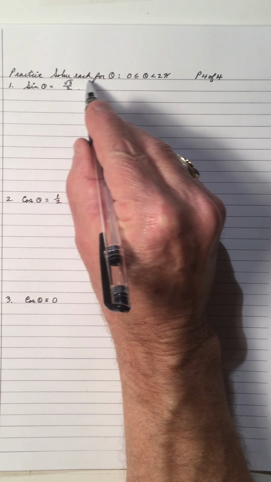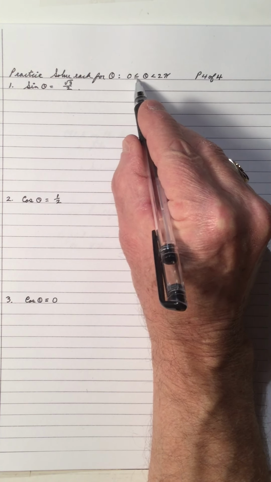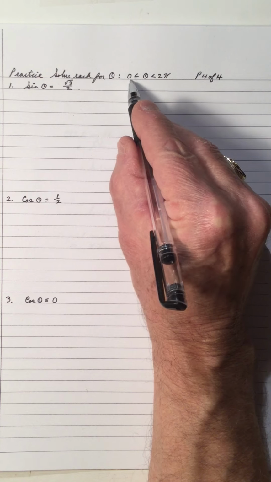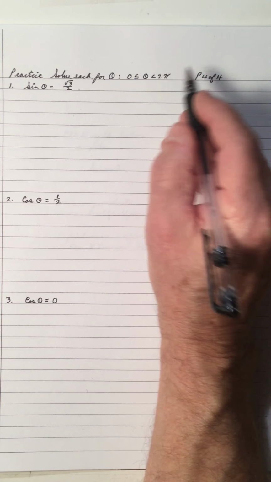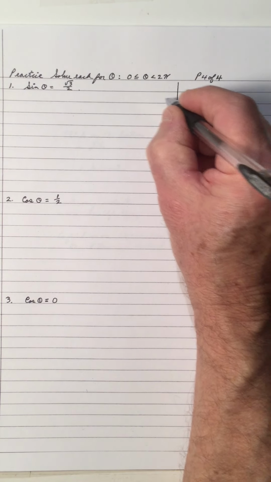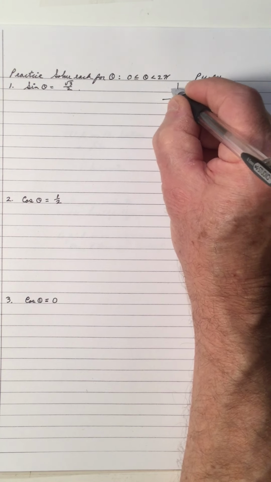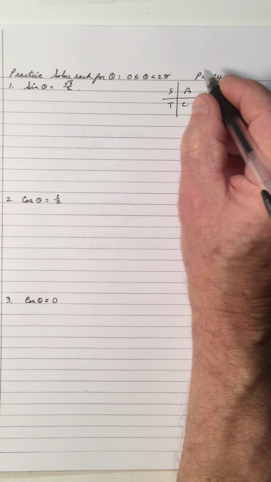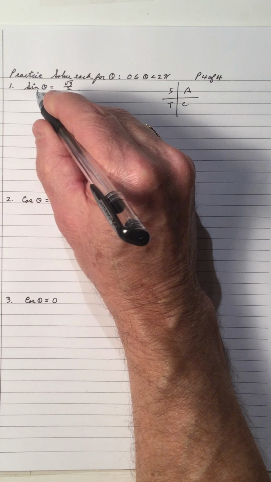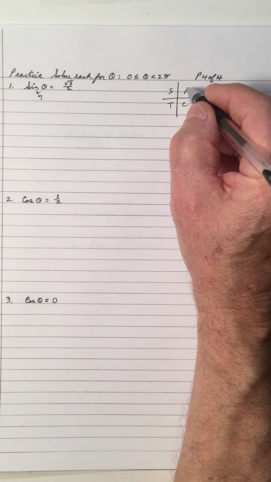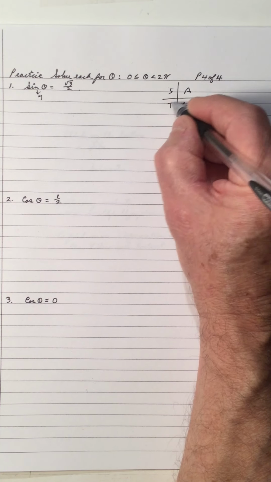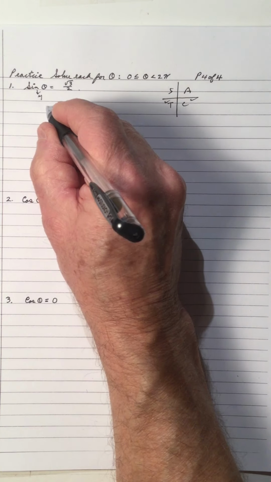Now let's solve for theta, where 0 is less than or equal to theta less than 2 pi. Add sugar to coffee. Sine is the y, and sine is positive in 1 and 2, negative in 3 and 4.